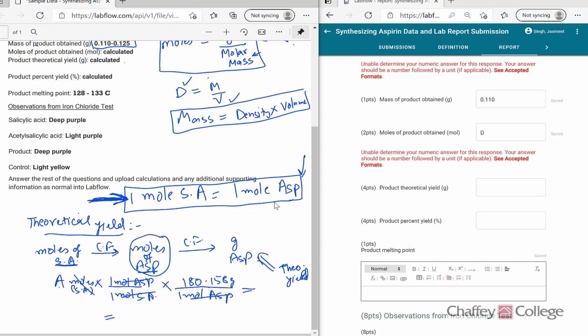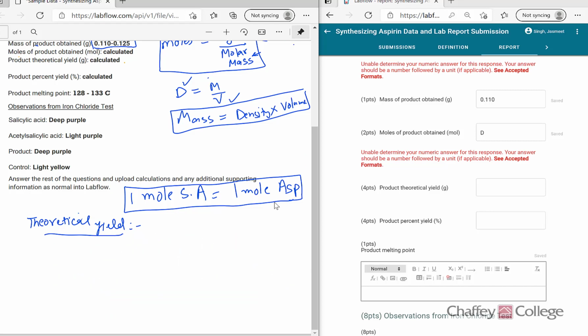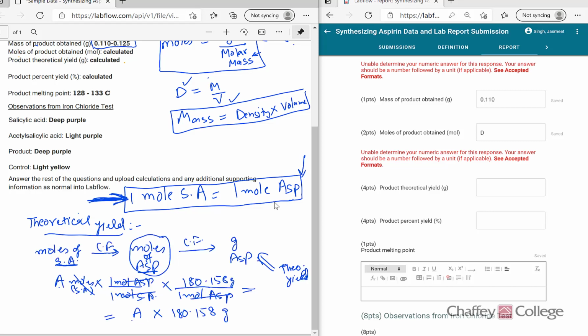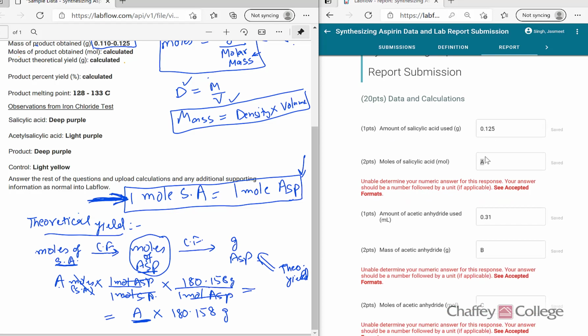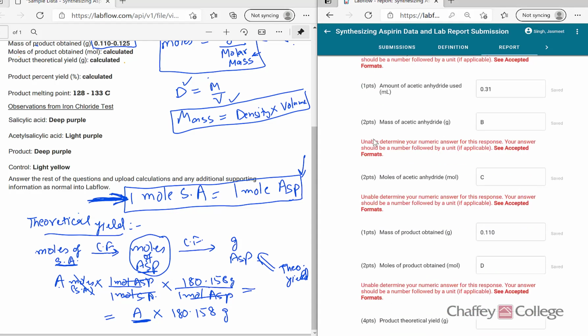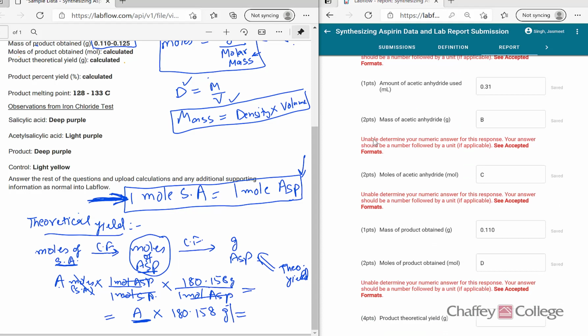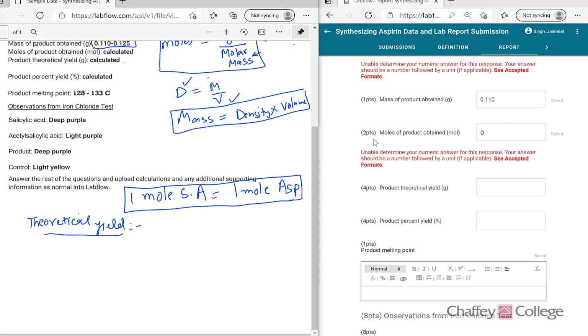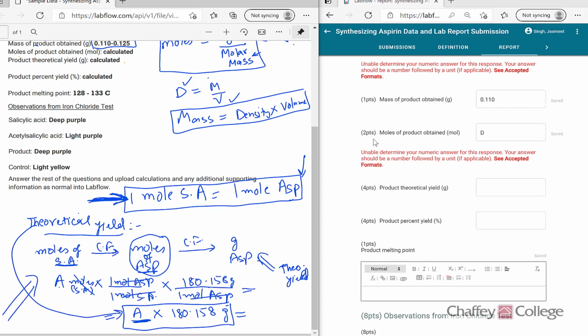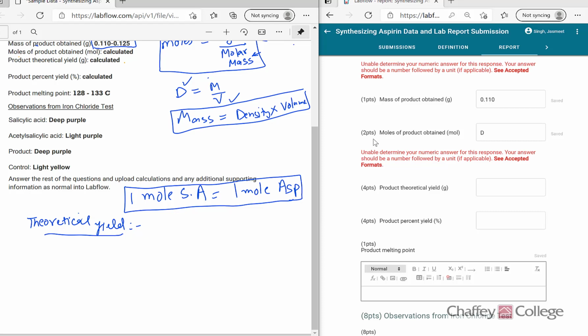To simplify, it should be equal to A multiplied by 180.158 grams, where A is the moles of salicylic acid we used in the beginning. So that should give us the theoretical yield. This is the theoretical yield in the simplest words, and that's the explanation of how we got this theoretical yield.